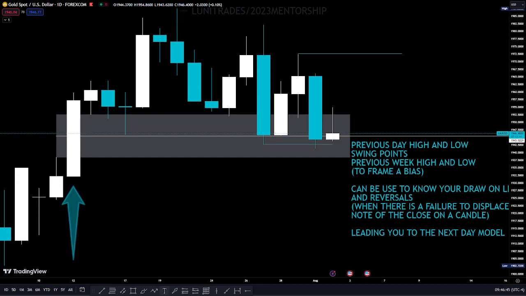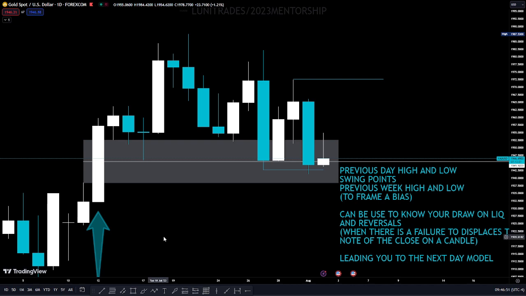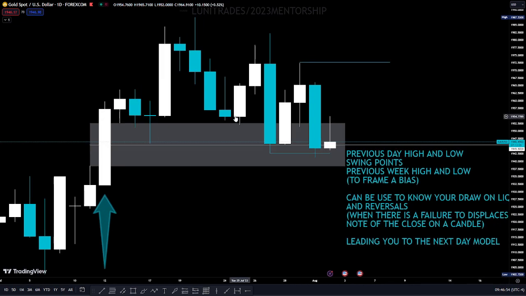Now you can also use previous week high and low. So let's say previous week will be what? This is Friday, right? Monday. So this is the previous week high and low.